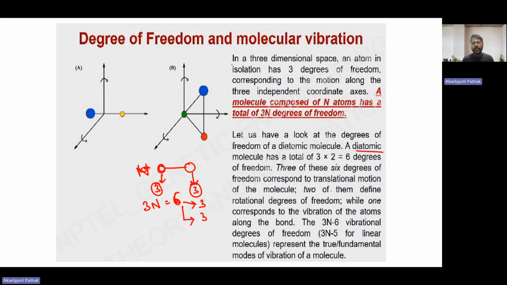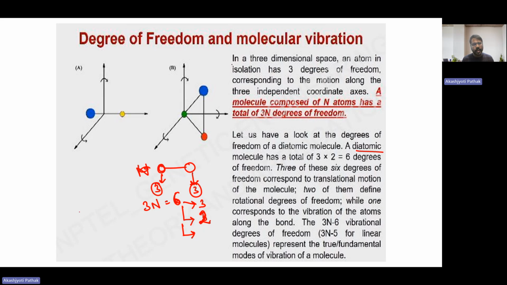For a linear molecule, it will have only two rotational degrees of freedom. The rotation along its own axis results in the same orientation, so there is no change. That is why there will be only two rotational motions, and other than this, there will be 3n minus 5 vibrational degrees of freedom.